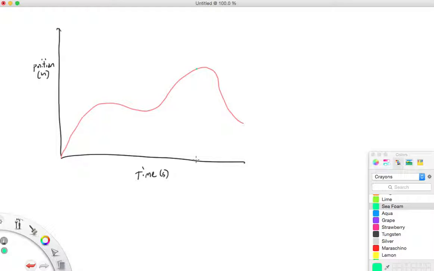I can make up values, but I'll just call that time z. That's time z seconds. At z seconds, what is the velocity of this object that's moving around with this position versus time graph? Well, to figure this out, you need to find a tangent.